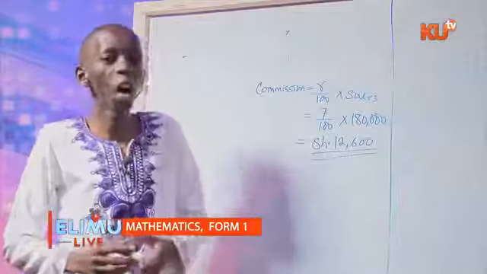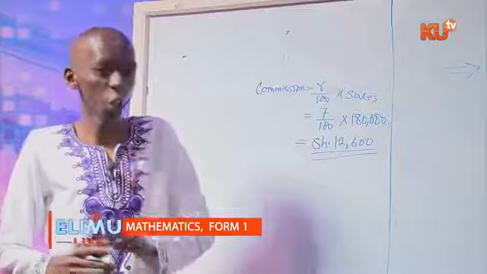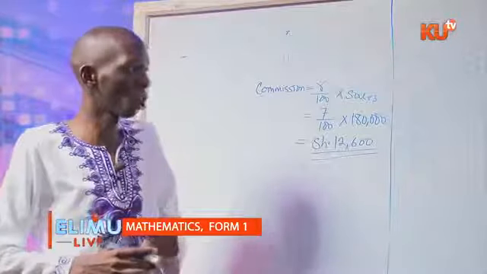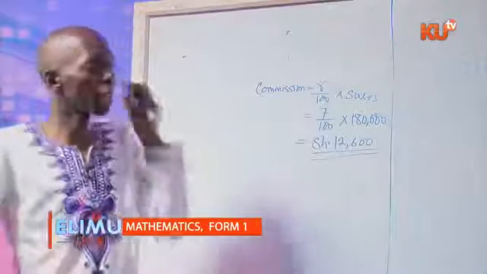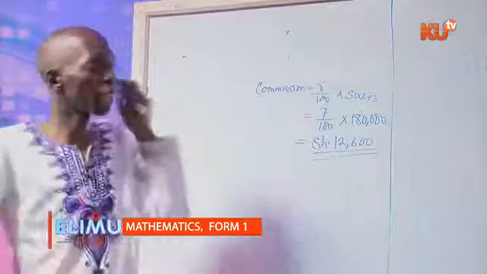Now, my dear student, I want us to do a 10 marks example on commission so that you may understand this topic well. Be very keen on this question because we'll handle various things. Example 1.